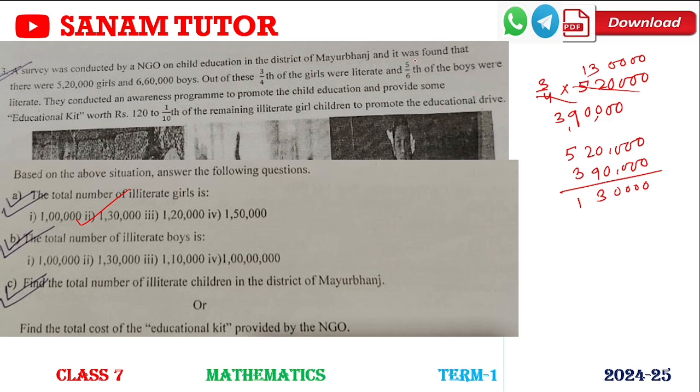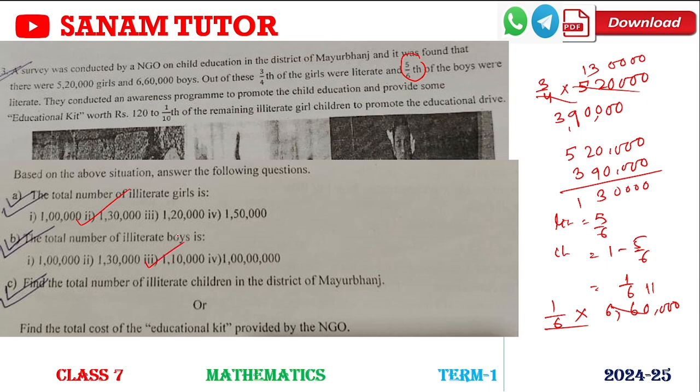The total number of illiterate boys. Literate is 5 by 6. We can solve by another method: literate is 5 by 6, so illiterate is 1 minus 5 by 6, that is 6 minus 5, which is 1 by 6. So find 1 by 6 of the number of boys, 6,60,000. That gives 1,10,000.